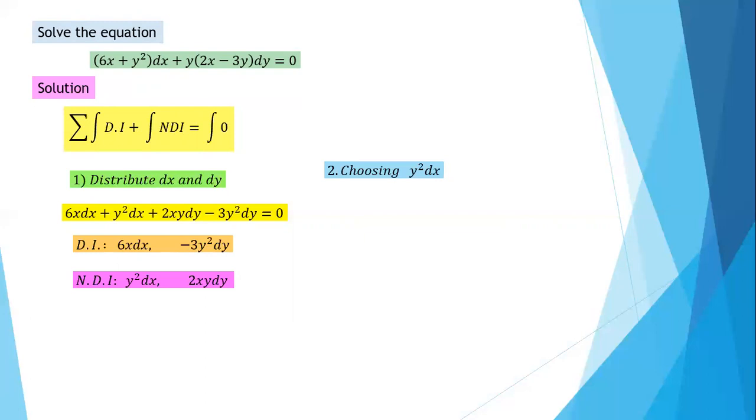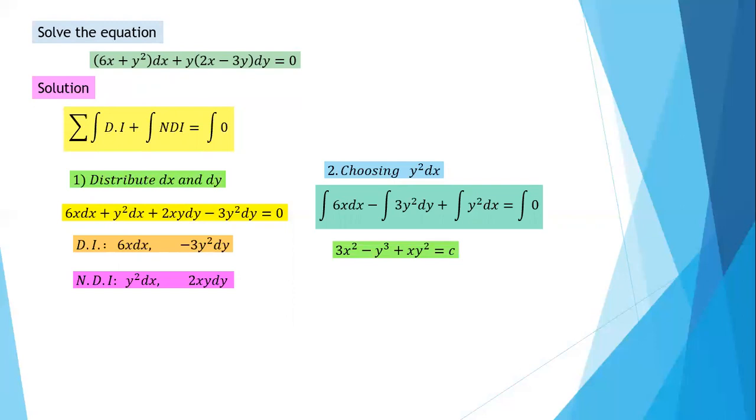Then using the formula, the summation of the integral of DI plus the integral of NDI equals the integral of 0, we have the integral of 6x dx minus the integral of 3y squared dy plus the integral of y squared dx equals the integral of 0. We have 3x squared minus y cubed plus xy squared equals c. Or we have 3x squared plus xy squared minus y cubed equals c.